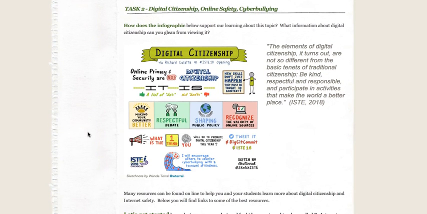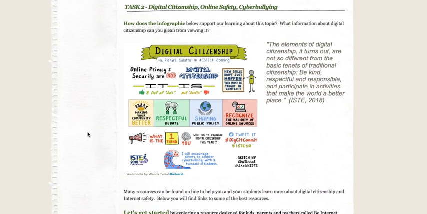Task 2 involves exploring a little bit more this idea of what digital citizenship is, talking about online safety and cyberbullying. You're going to notice throughout all of the modules that I'm going to focus on the use of images and infographics and how we can obtain information quickly from these images and infographics.